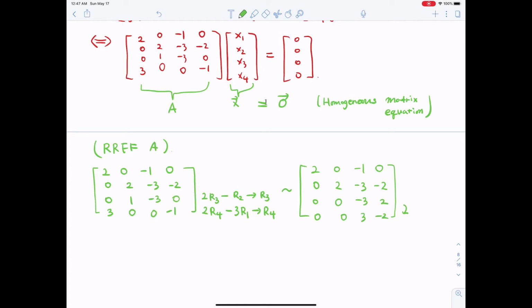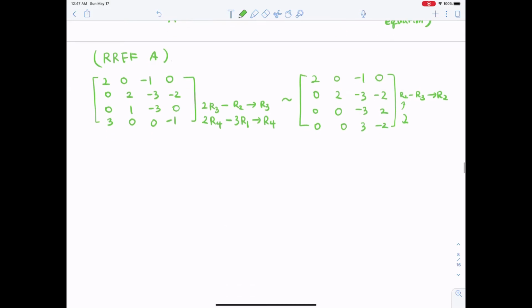We can also reduce further on the second row by subtracting R3 from R2. This gives you 2, 0, -1, 0; 0, 2, 0, -4; 0, 0, -3, 2; and 0, 0, 0, 0.